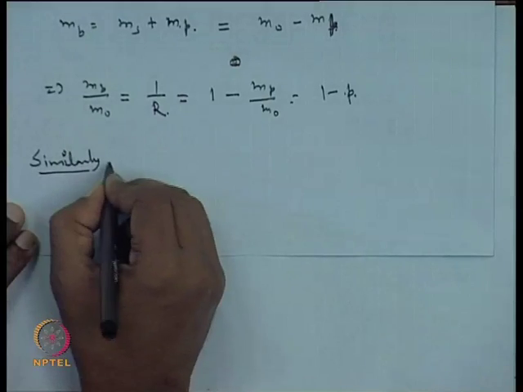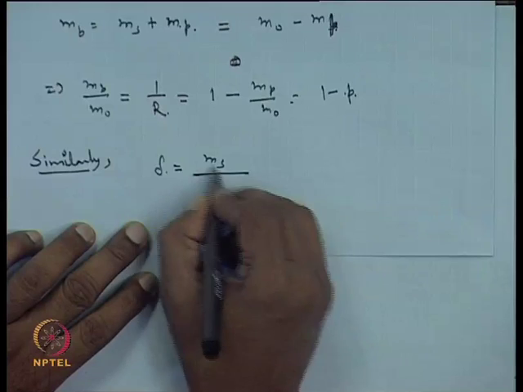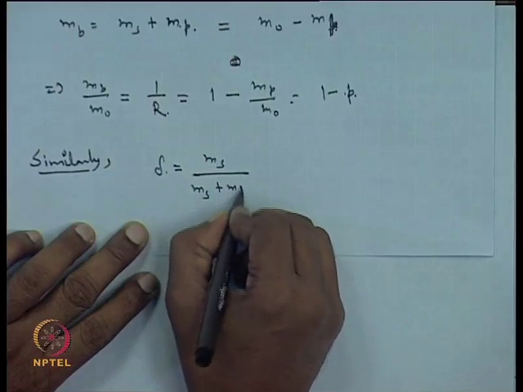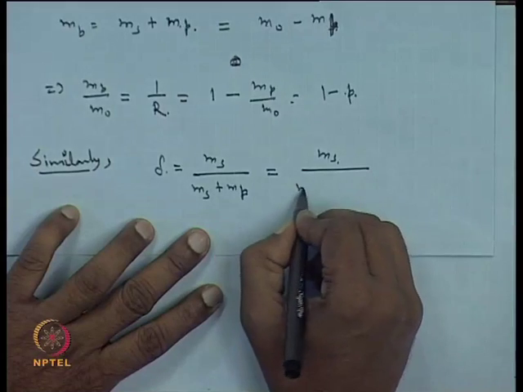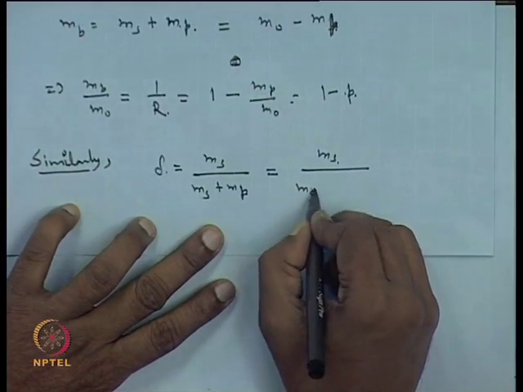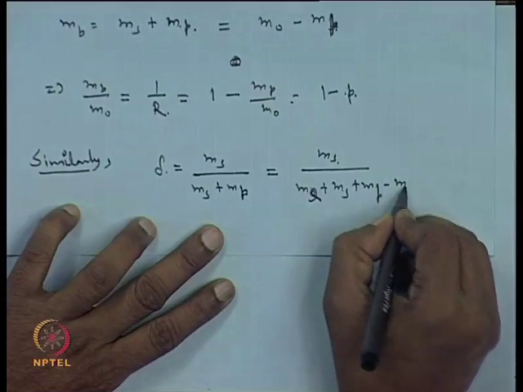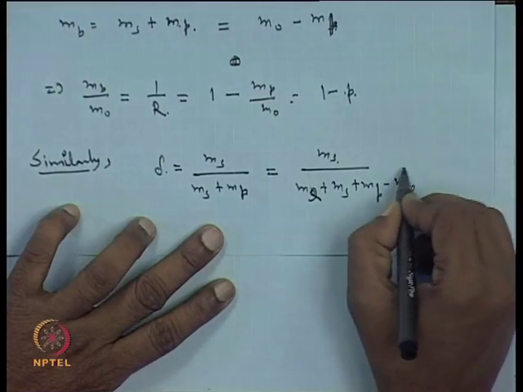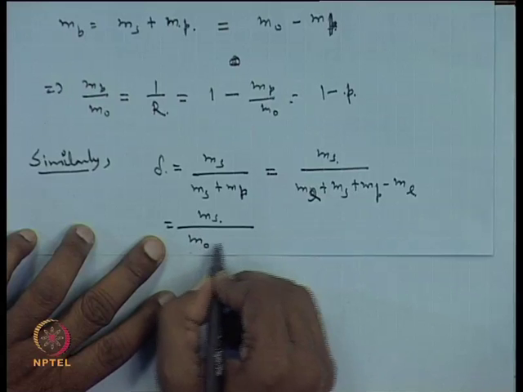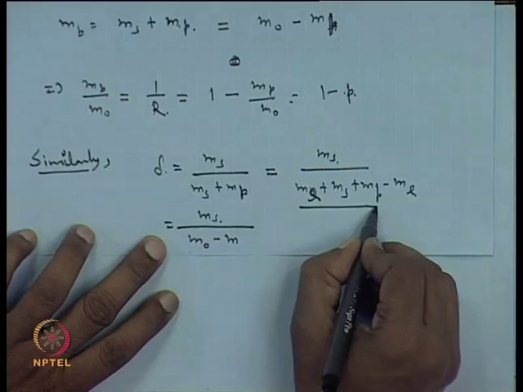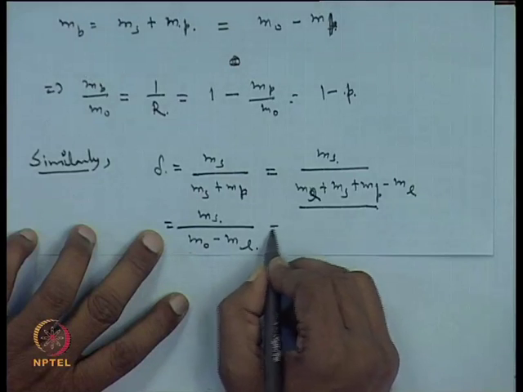Similarly, you can get the other relationship, delta is m_s by m_s plus m_p. M payload plus m_s plus m_p minus m payload, and so this we can write as m_s divided by m_0 minus m_L, divide the numerator and denominator by m_0.